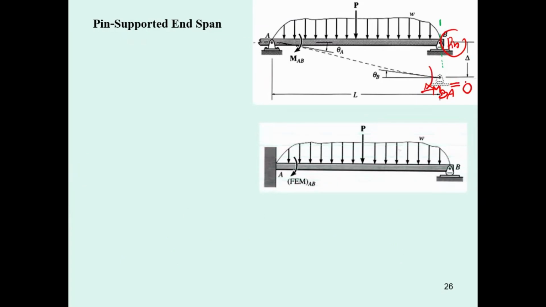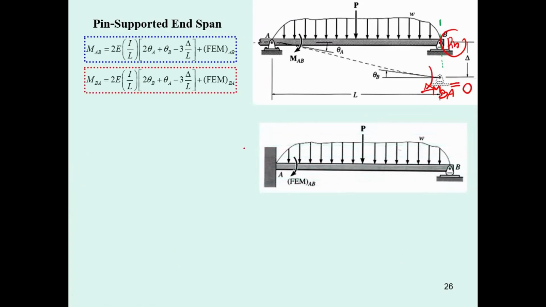Then taking the two equations, M sub BA is going to be 0, and the fixed end moment over here from the fixed end moment table, fixed end moment BA is also 0.